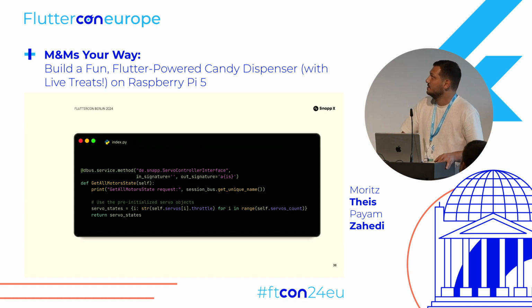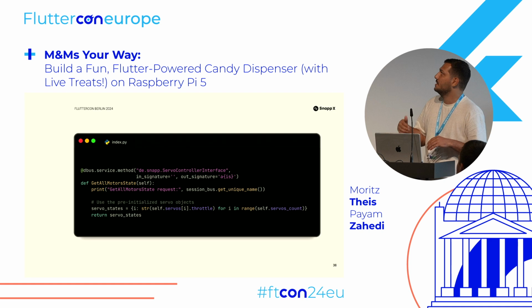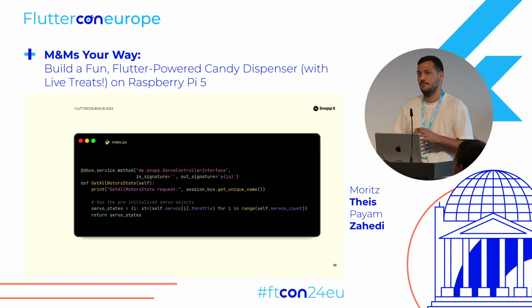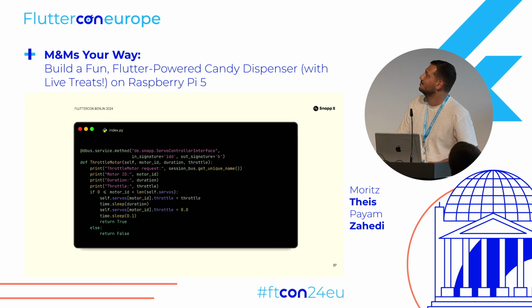But the important thing is we should annotate it with some kind of interface that you can see at the top. And we have in_signature and out_signature that are related to the parameters that we have for our method and the return type. So in here, we don't have any parameter, and the return type is a map of integer and string.